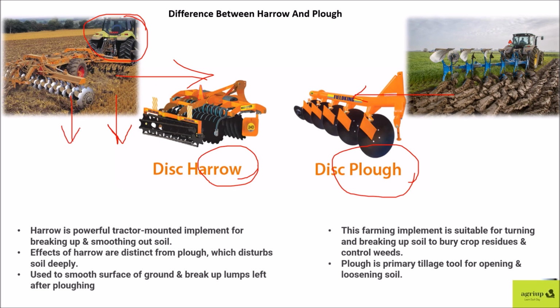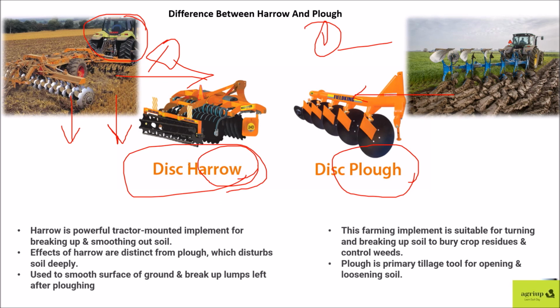Second, it is used to smoothen the surface of the ground and only break the lumps left after the plowing activity. Once the plowing activity is done and the lumps are left on the field, these lumps are broken down by this harrow. So two main activities, I hope they are clear, what the harrow does.